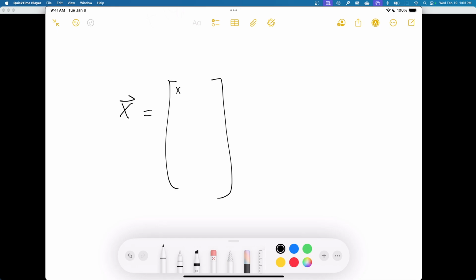Where we would have X1 for the first person, X2 for the first person, right? And we'd have X1 for the second person, X2 for the second person, and we'd have all those X's down to X1 for the nth person and X2 for the nth person. So that's our matrix of data, all right?